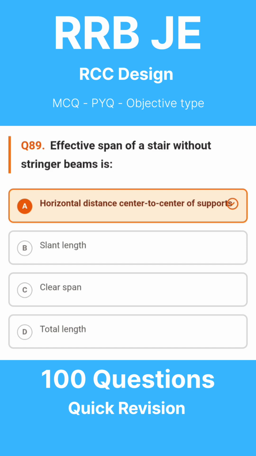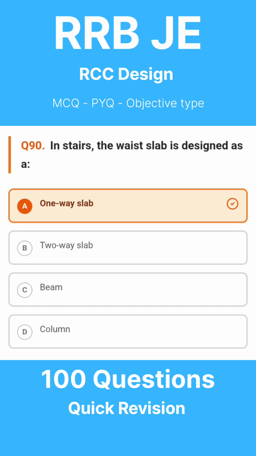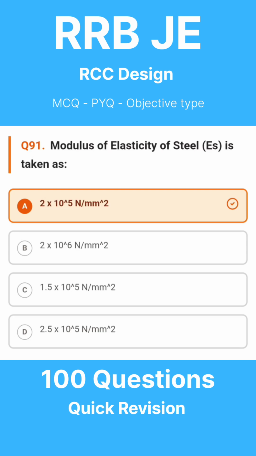Question 89. Effective span of a stair without stringer beams is. The correct answer is horizontal distance center to center of supports. Question 90. In stairs, the waist slab is designed as a. The correct answer is one-way slab. Question 91.